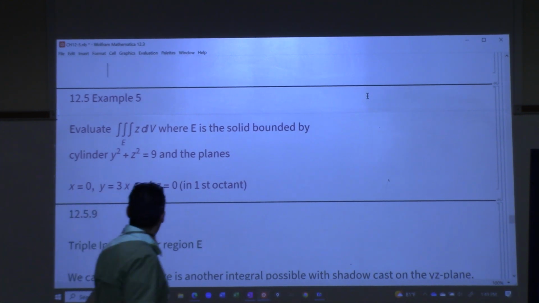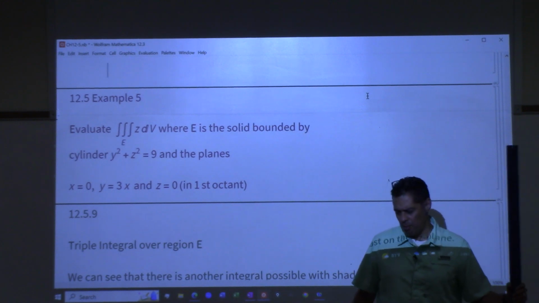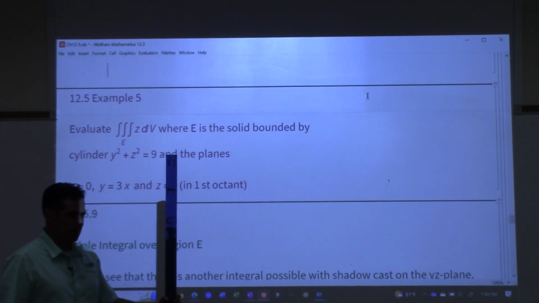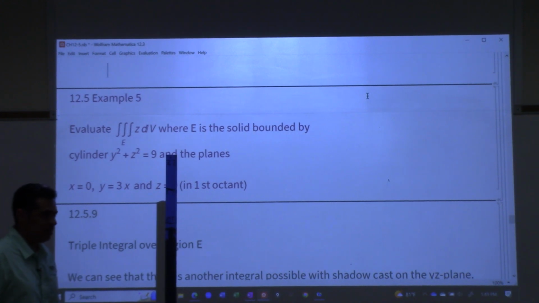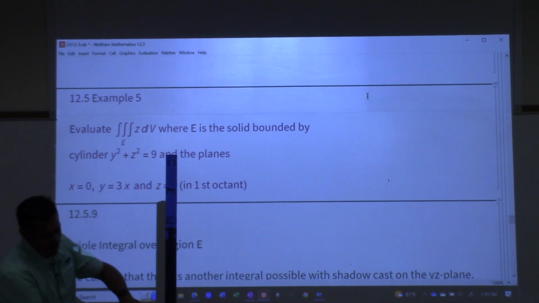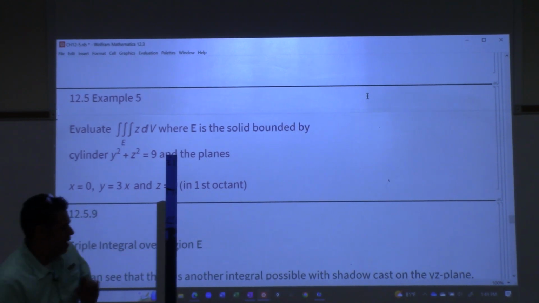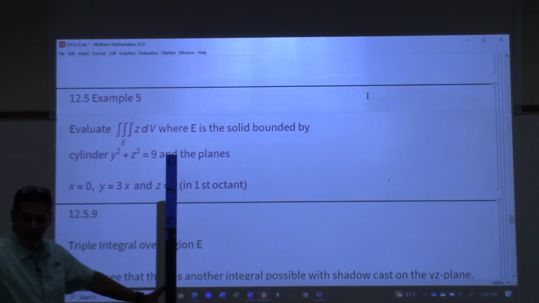Let me just wrap my head around what that is. y squared plus z squared equals 9 is a cylinder of radius 3 that goes out which axis? Goes out the x-axis because x isn't here, right? So I have this circle of radius 3 that comes out this way and goes that way. So you've got this cylinder.